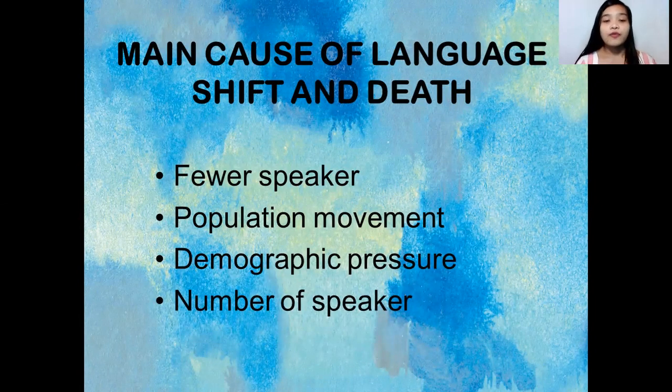So fewer speakers, or the number of speakers, definitely affects and is mainly a part of the causes of language shift and death, because the fewer people speak the language, it leads to shifting to another language or making the language dead.